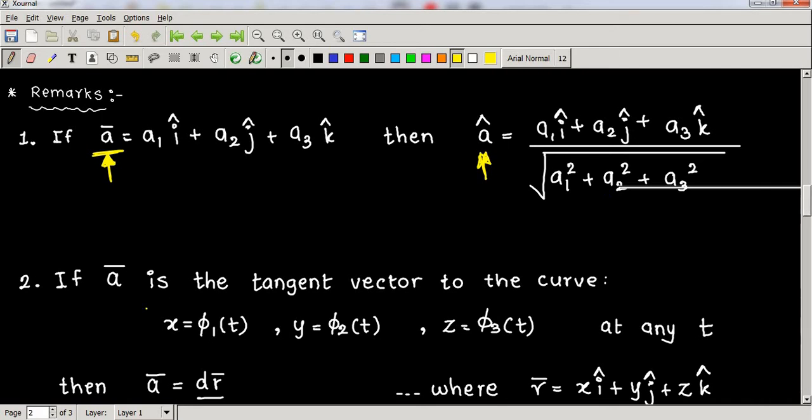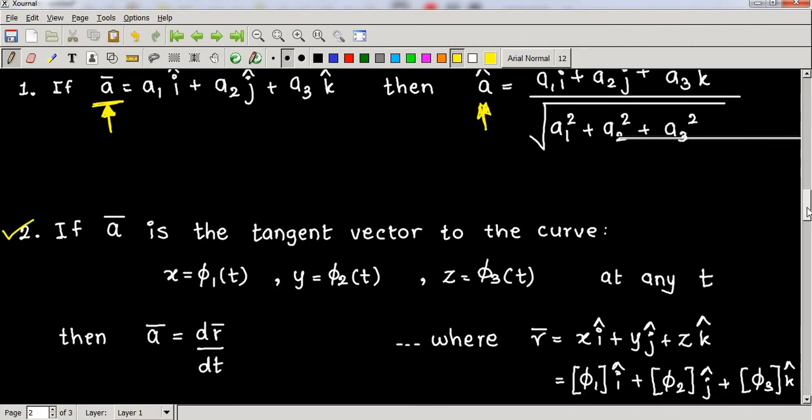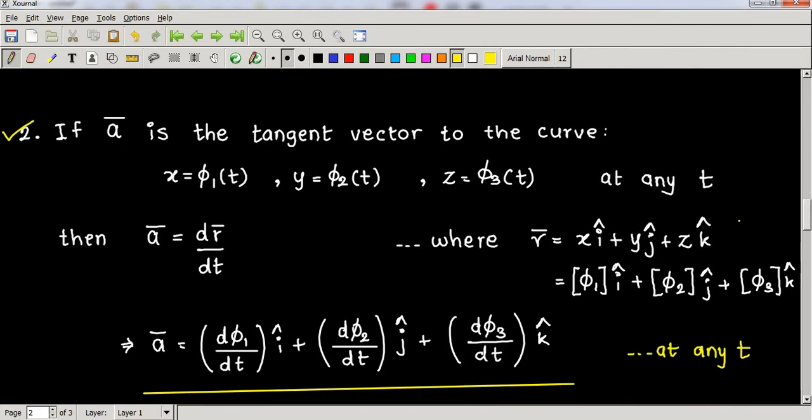But case 2 is, if a bar is the tangent vector to the curve x, y and z, where x, y, z are given by parametric functions in terms of a parameter t with a specific value of t, then the tangent vector is calculated by taking dr bar by dt, where r bar is the position vector which represents the position of a point on that parametric curve.